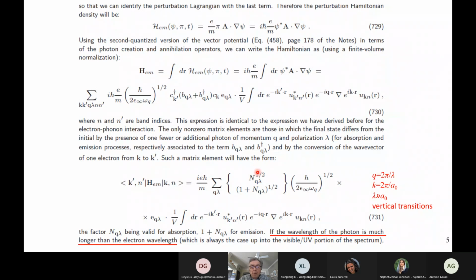So the matrix element associated to absorption would be proportional to the square root of the number of photons that we have around. For emission, we're going to have the square root of the number of photons that we have around, which is stimulated emission, and there is the extra one, which I remind you comes from the normalization of the Fock states in the boson Fock space associated with the photons, which gives us spontaneous emission.